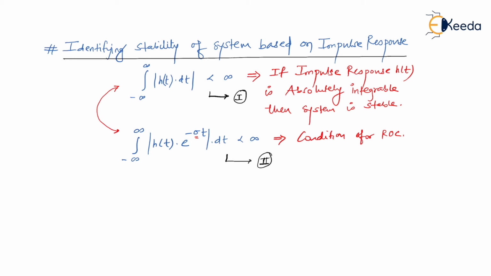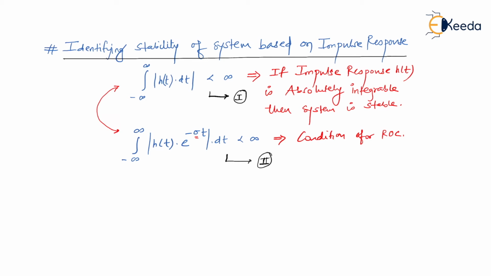Now the question is, can I convert my second integral into the first integral? If I want to make the second integral exactly equal to the first integral, what am I supposed to do?